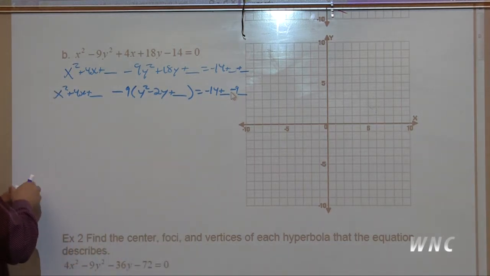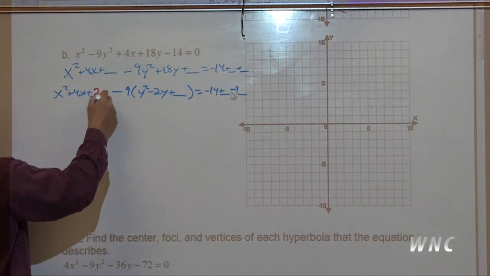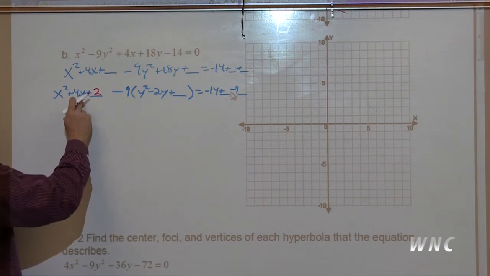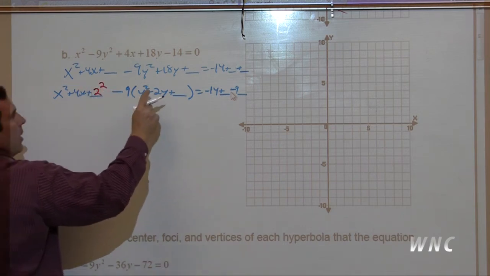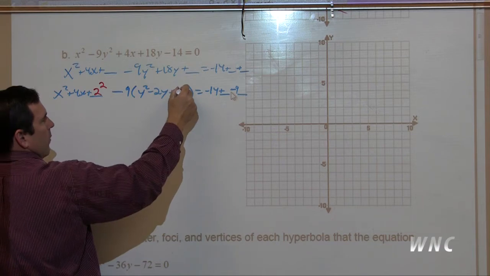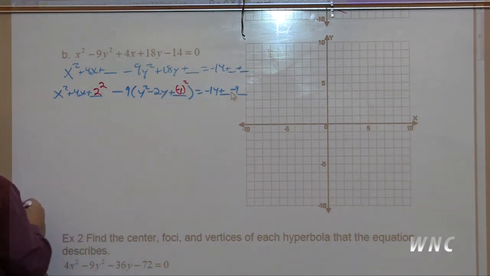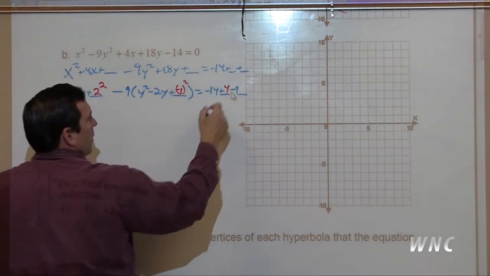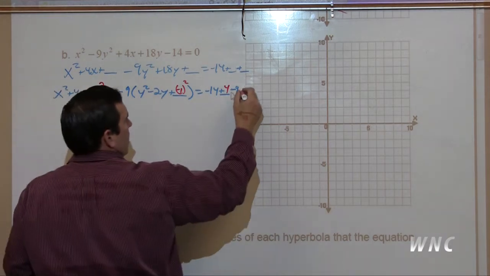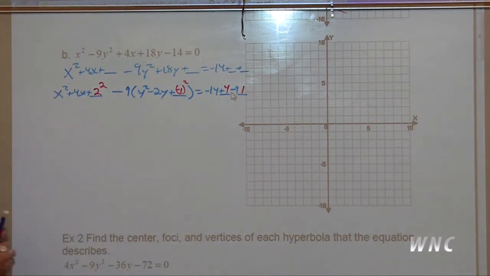In the first case, half of 4 is 2, 2 squared. Half of negative 2 is negative 1, so it's negative 1 squared. So I'll have a 4 here and a 1 there, because negative 1 squared is 1.